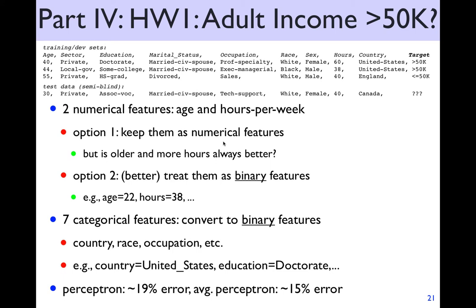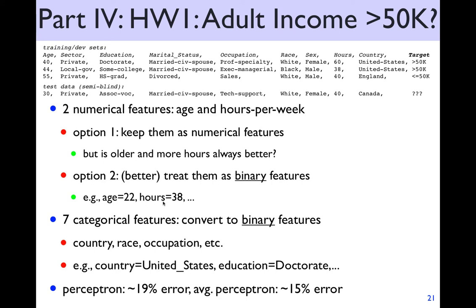What does that mean? Well, it means that, for example, age becomes many binary features. By binary features, I mean the value of each feature is either 0 or 1, 0 being negative, 1 being positive. So for example, age becomes many features like age equals 1, age equals 2, age equals, say, 22, and so on.